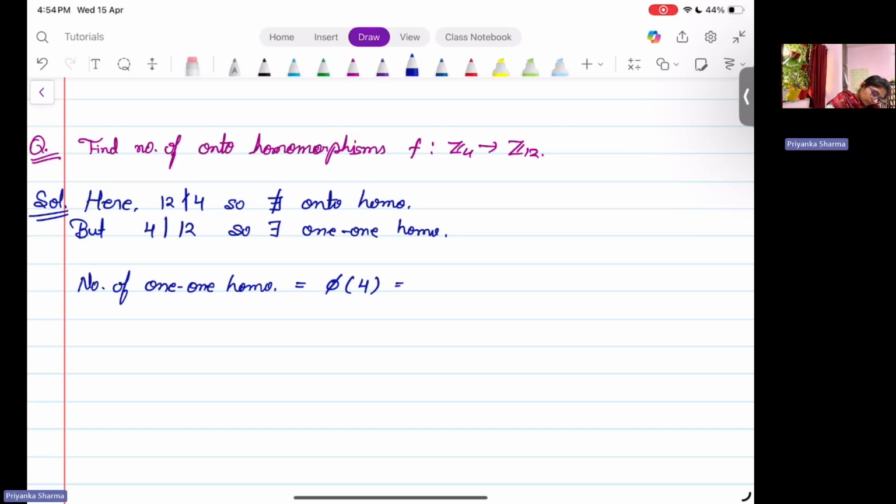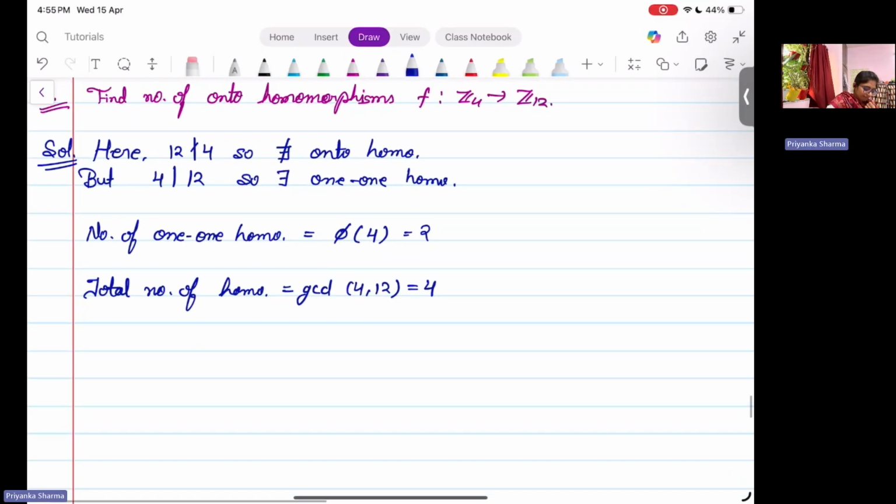So phi of 4 is 2. So we have only two 1-1 homomorphisms. And see, the total number of homomorphisms is GCD of 4 and 12, no? That is 4. That is, we have 4 homomorphisms, but out of them, only 2 are 1-1, and none is onto.